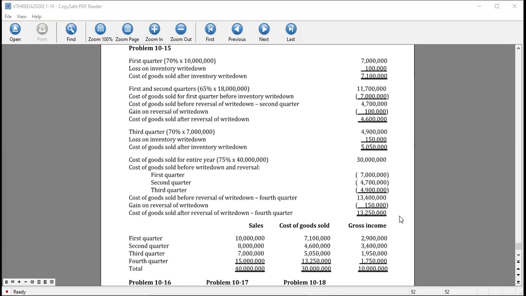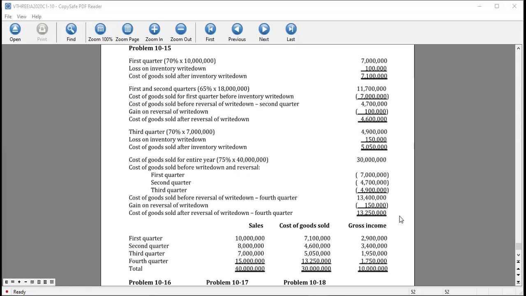Actually, we have the amount of 150,000. Add it to the third quarter's cost of 4.9 million. We add 150,000 being the loss, the write down. So we have the amount of 5,050,000, the cost of goods sold after the inventory write down.